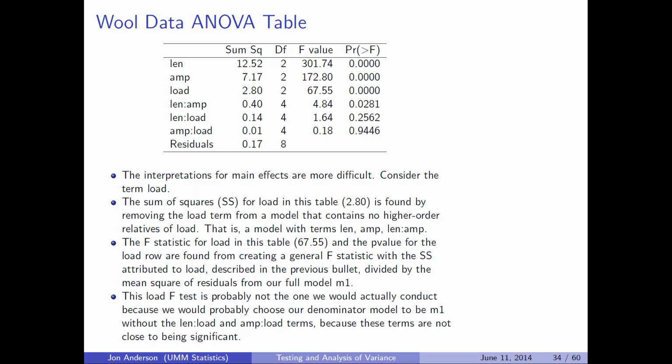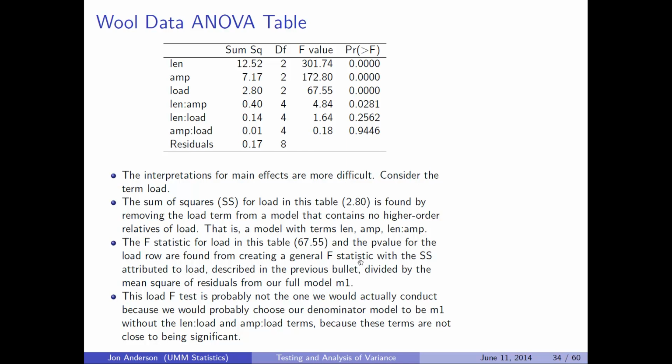So the model we would be using in that case would have length, amplitude, and length by amplitude. And we would be comparing that model with this one right here, model M1, and we would get an F statistic of 67.55 and a very small p-value.